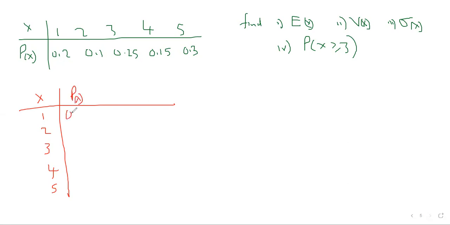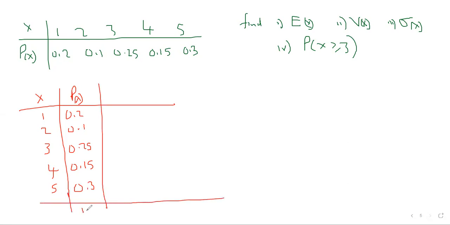Here we have 0.2, 0.1, 0.25, 0.15, and 0.3. To multiply them, first ensure that the total for the probability is equal to 1. If not, there's a problem somewhere. Then multiply the probability of x times the x values themselves.